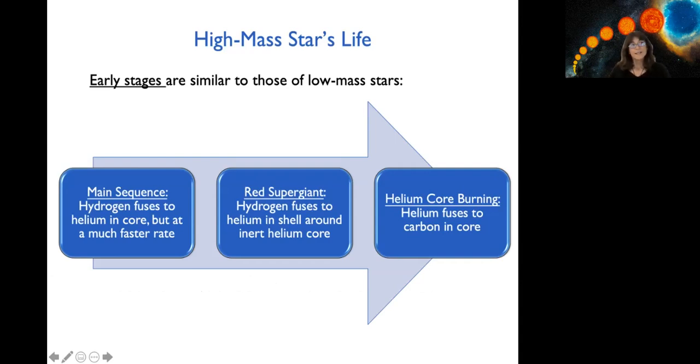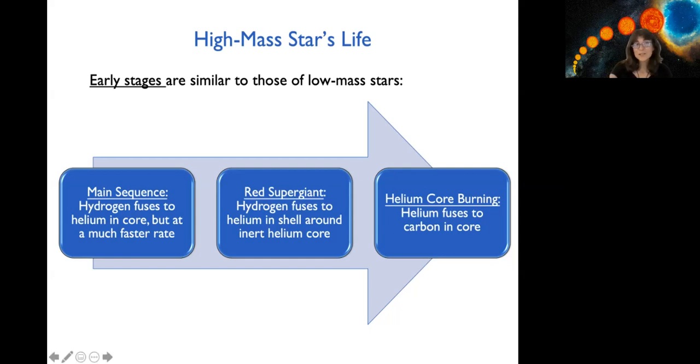So the early stages of the life of a high mass star. Here, high mass means more than 8 solar masses. The early stages are very similar. They're just bigger, faster, brighter, hotter, right?